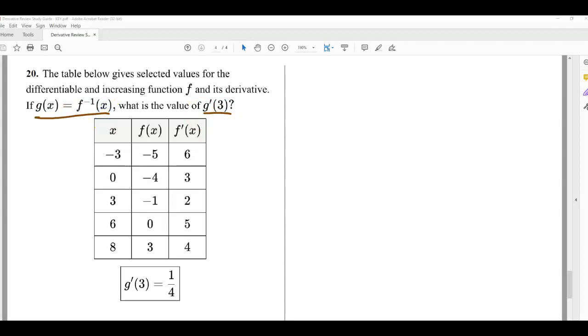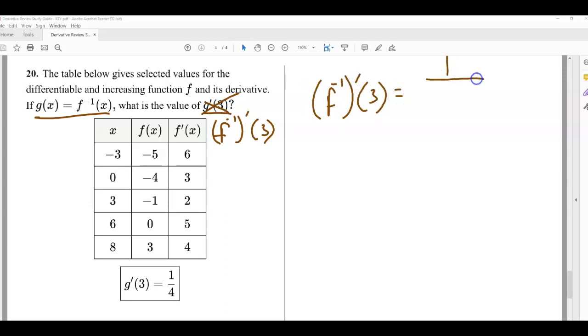So I want to rewrite this as f inverse prime of 3. And using my formula, which I shared in the last problem, we would have this. Now, this one's a little bit trickier because we have to look for this piece a little bit more.